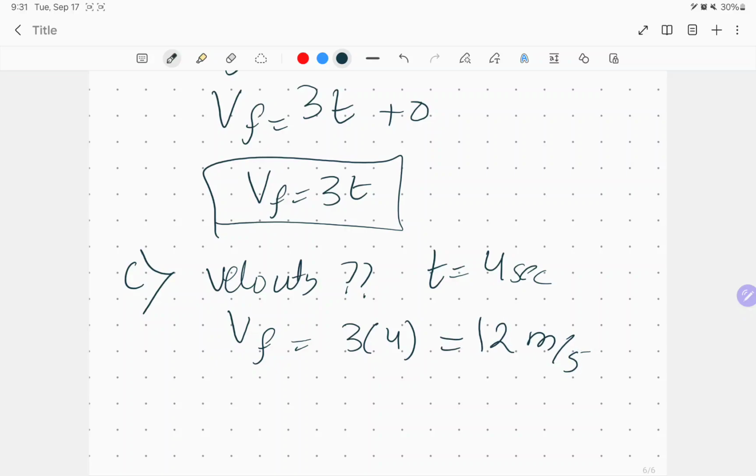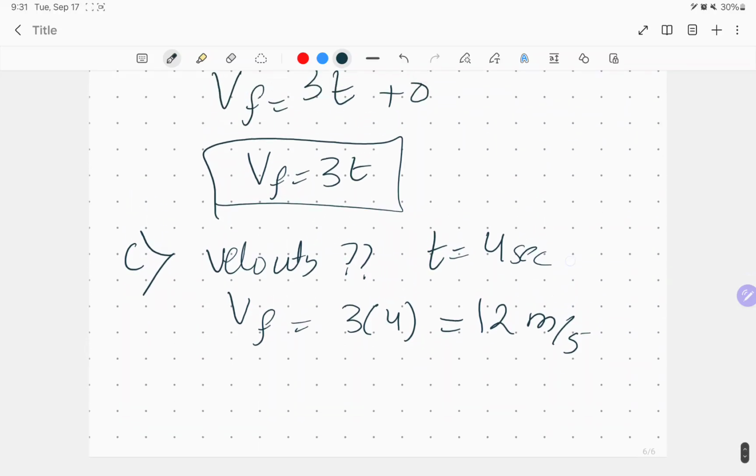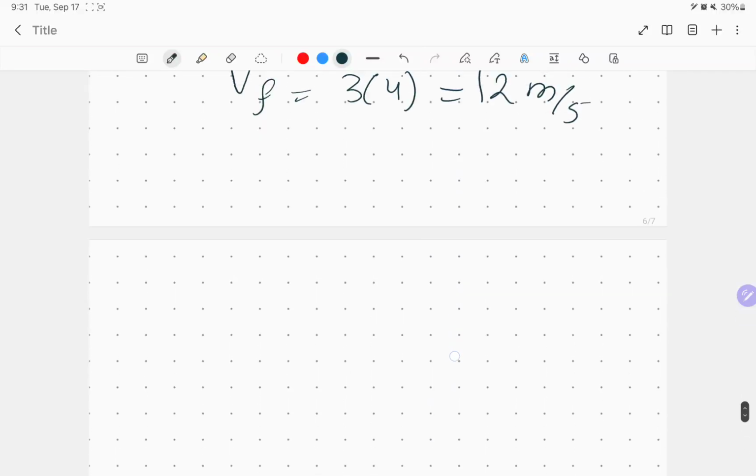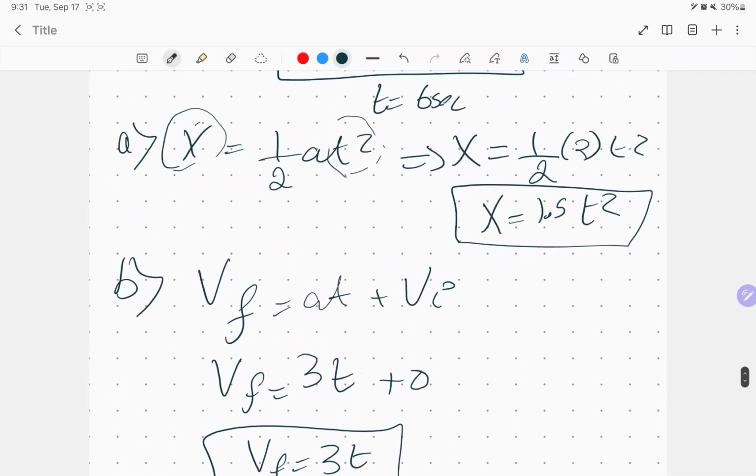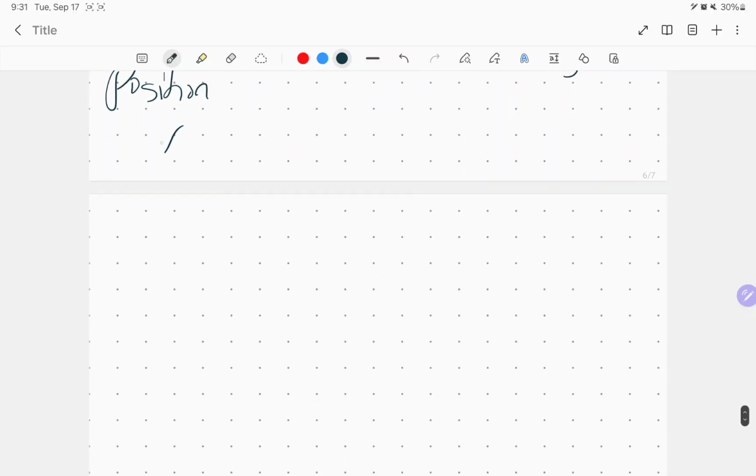That's why we have the equation of motion. That's the velocity, and it's telling us to also find the position. Here velocity, here present position. So X equal to 1.5, substitute the time squared. Using the calculator, we have 24 meters.